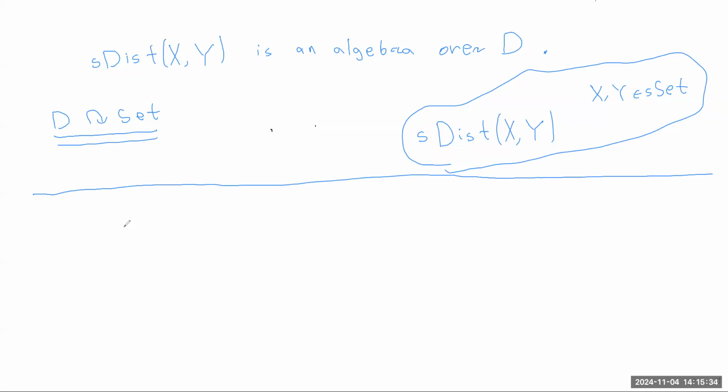What I mean is, if we are given, say, x and y sets, we have a map from dx dy to dx cross y.